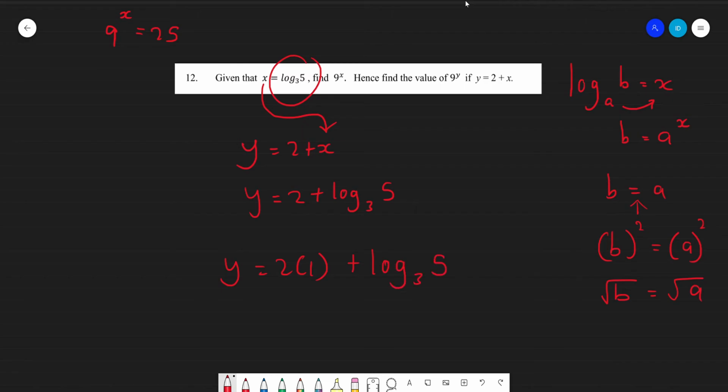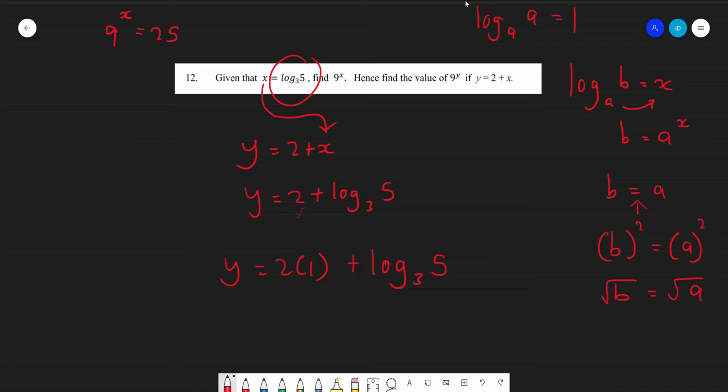Now what happens if we apply the same rule here? Remember, log base a of a is equal to 1. But in this question, the base of the log that we are currently using is base 3.